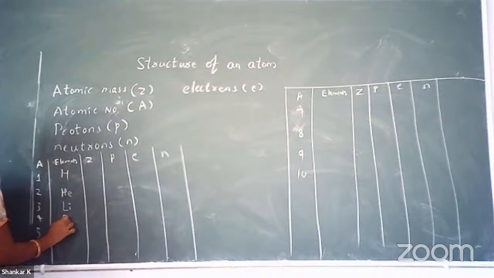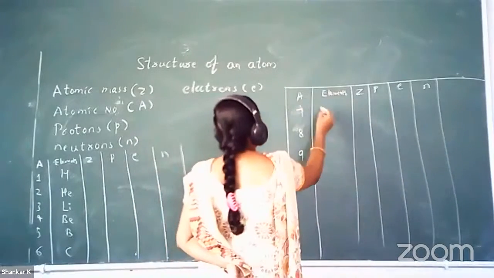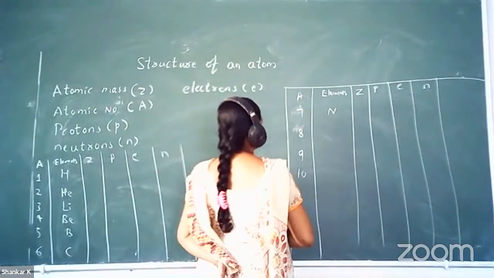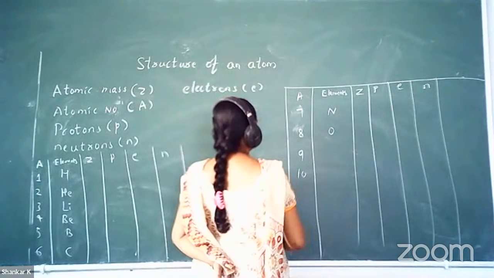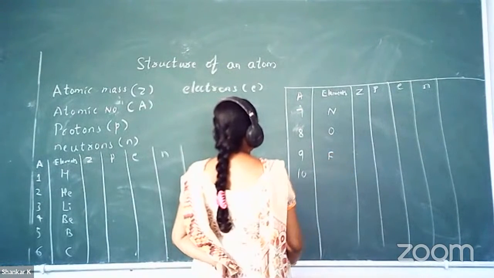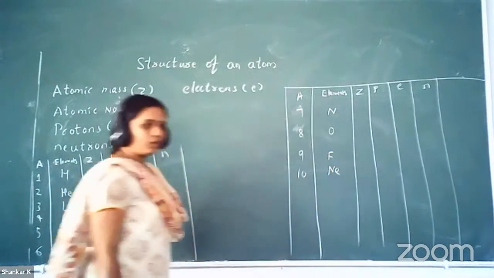The fourth is beryllium, then boron, carbon. 7 is nitrogen, 8 is oxygen, 9 is fluorine, 10 is neon. Now you come to that.